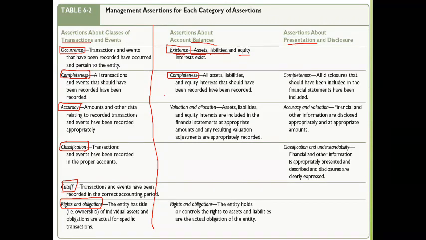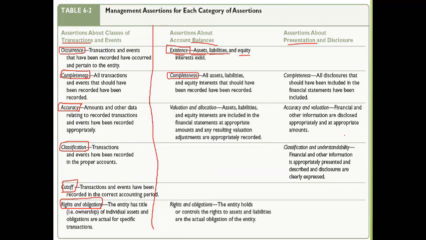So the idea of occurrence and completeness is the same as existence and completeness, except that in occurrence and completeness we are talking about transactions, and in existence and completeness we are talking about balances. Like in the same idea, in occurrence and existence we are looking in the books and trying to make sure that whatever is in the books exists or occurred.